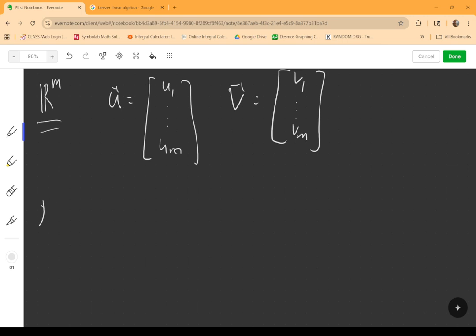We've also seen the matrices of m by n. Here we know what it means for two matrices to be equal: entry-wise, all of the elements need to be equal to each other.